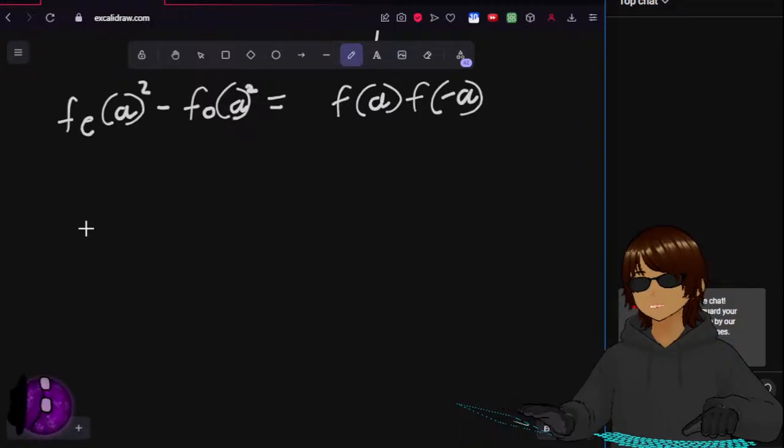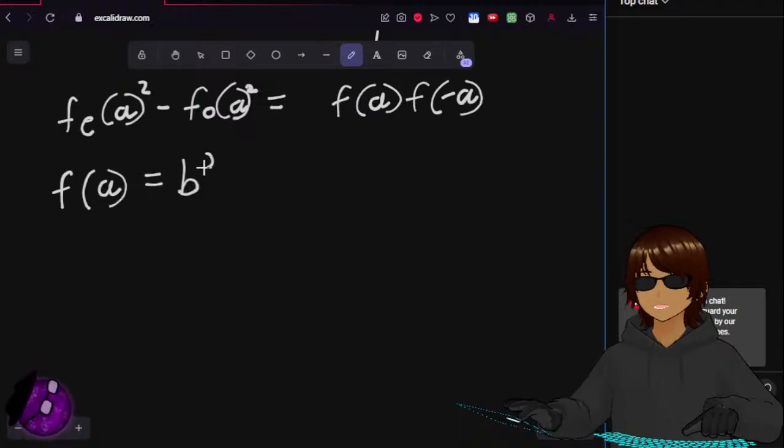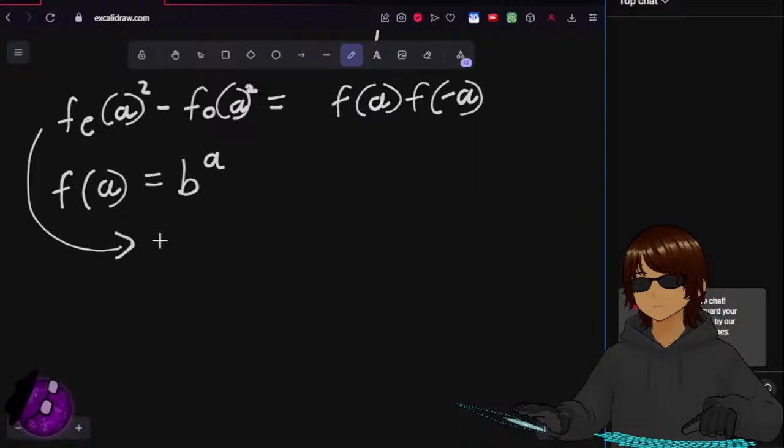Now if f of a is equal to some constant b to the power of a, then this becomes 1, because b to the power of a times b to the power of minus a cancel out and become 1. So 1 is equal to this, of course.